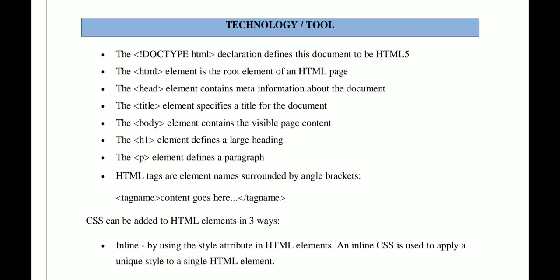First, we start the HTML documentation with the doctype HTML declaration, which defines this document to be HTML5. Then the HTML element is the root element of any HTML page.